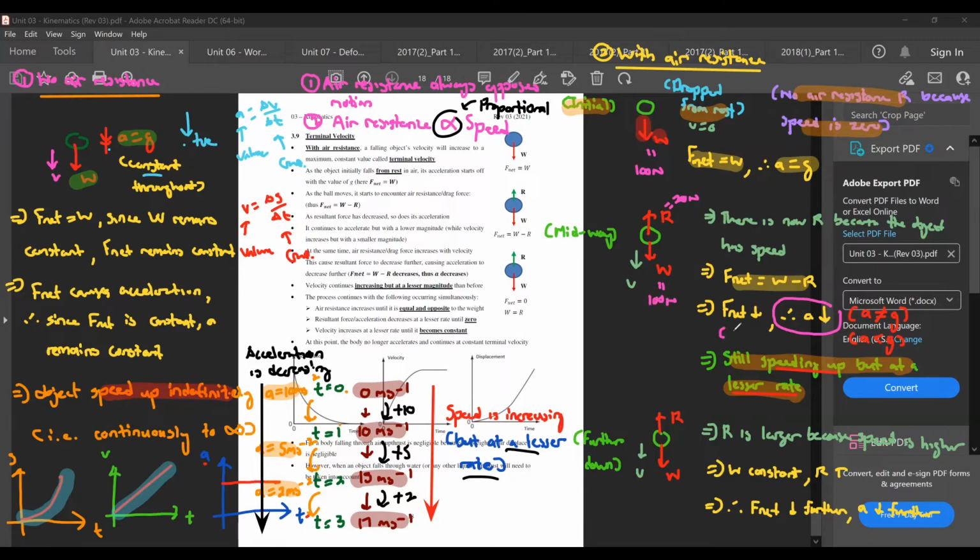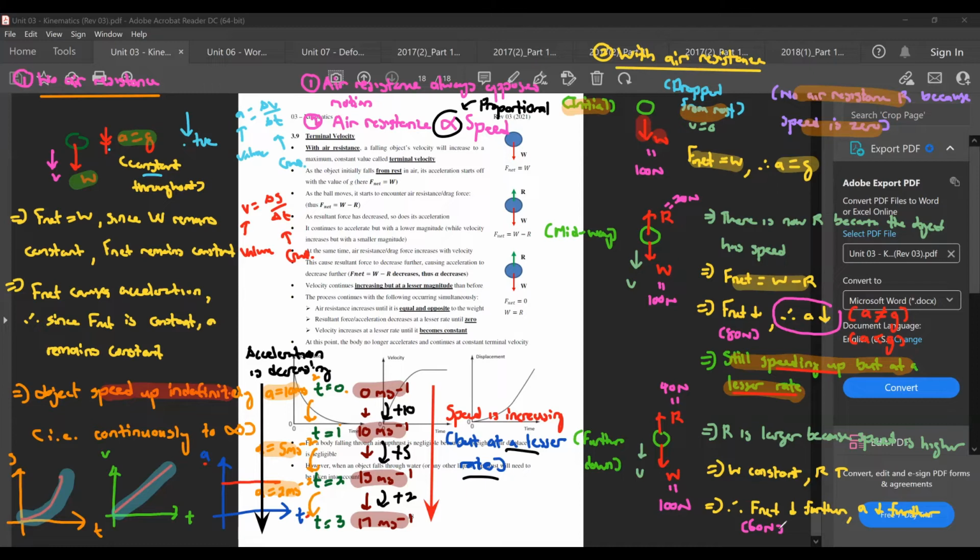So my F net here is going to be 80 Newton. But now when my object has moved further, my air resistance increases. So it could be that my weight is still 100 Newton, my R is now maybe 40 Newton. So my F net is going to be 100 minus 40, giving me 60 Newton.